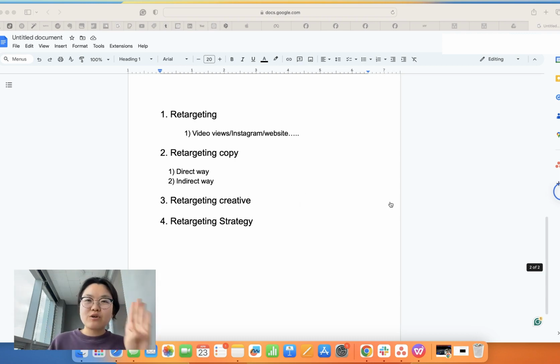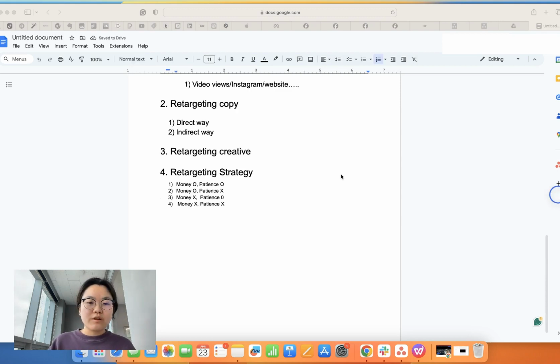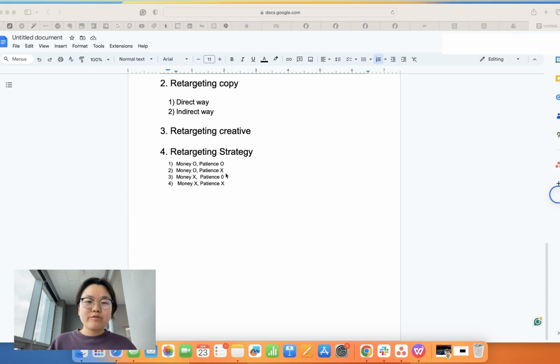Number four, this is so important, retargeting strategy. For example, I broke it down into two different criteria so that you can understand how you can target your ideal clients or customers effectively. So think about this. You have money, like at least $3,000 per month or $4,000 per month, and you have the patience to wait for the result.